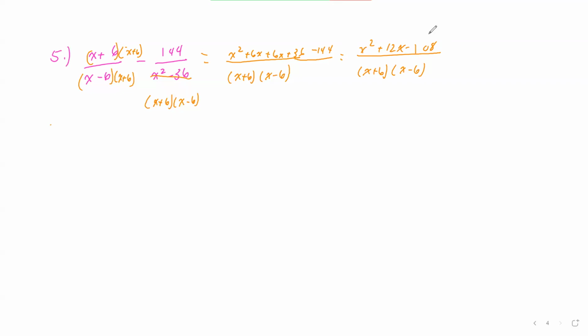So now I'm going to think, all right, is there two numbers that multiply to negative 108 and add up to 12?